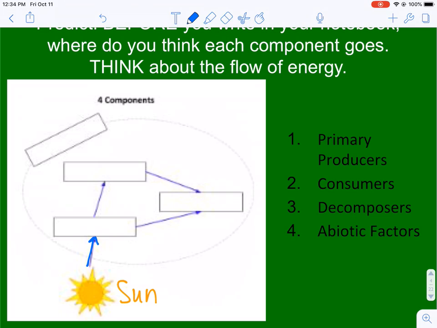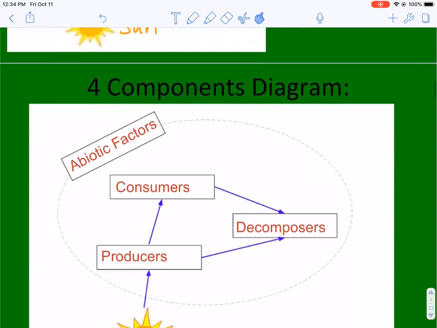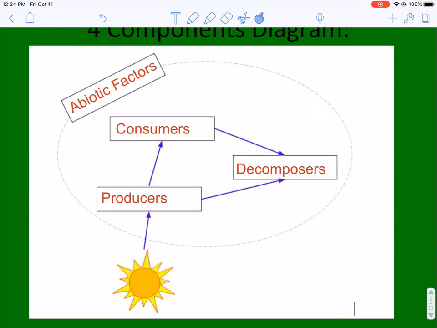Then where does that thing go? Where does that go? And then what can kind of be on the outside that's not technically giving or receiving direct energy transfer, so isn't involved in the blue lines, but is related and helps all the processes happen. So then take a second to check and see what you got there.